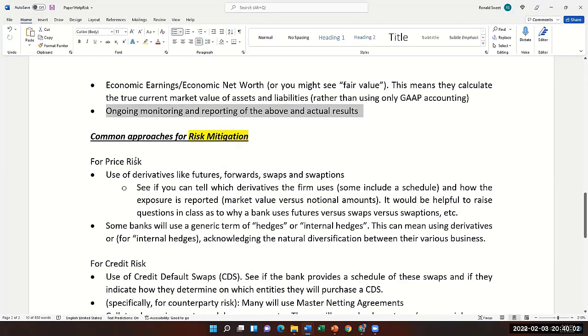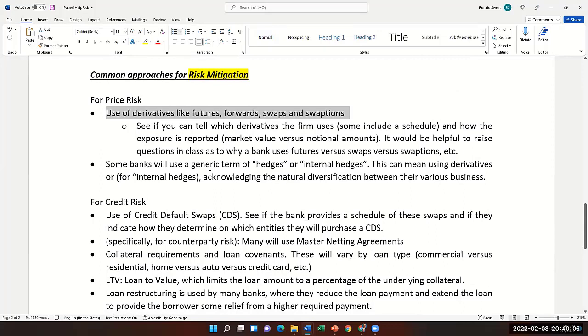On mitigation, on price risk, the banks you're looking at are all going to use futures, forwards, swaps, and swaptions. Just do a search on those words, and that will help you find it. Most of them will have a schedule and tell you which derivatives they're using, so it'll be interesting to see which ones they're using and what the sizes are.